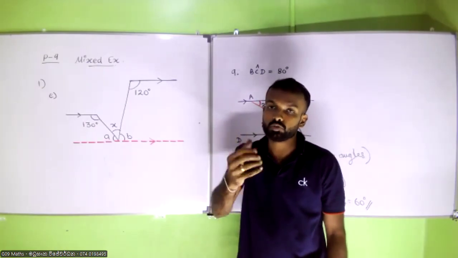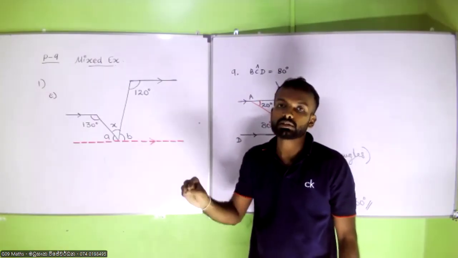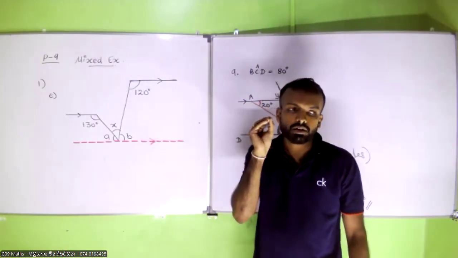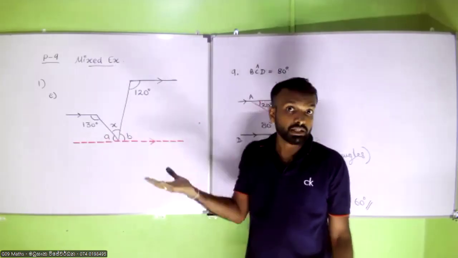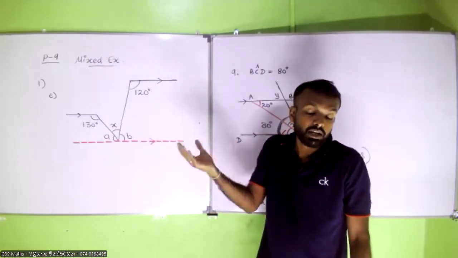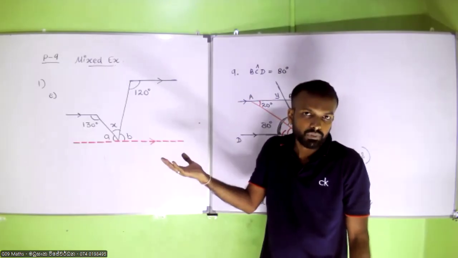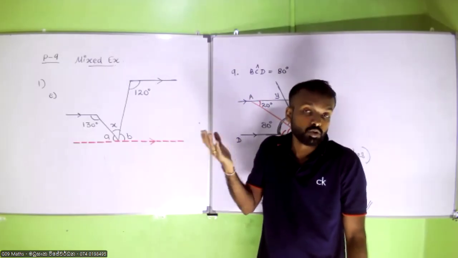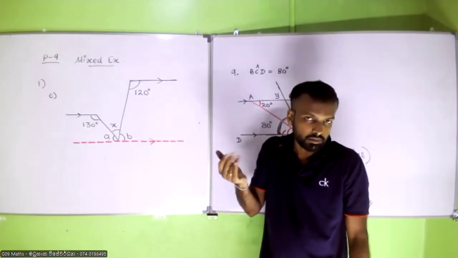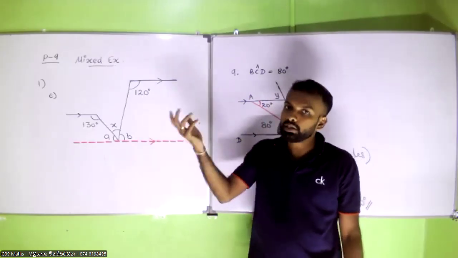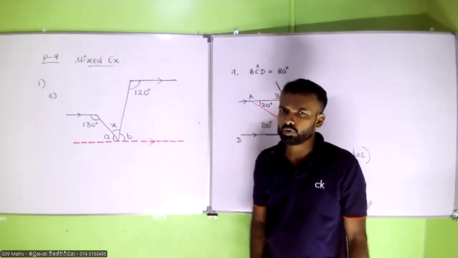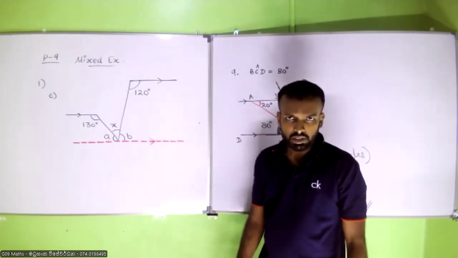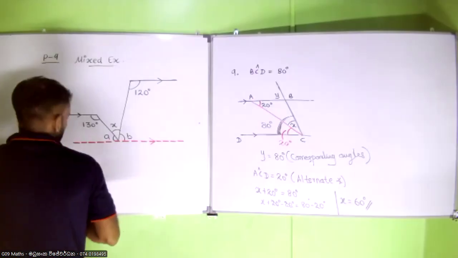This student has labeled all the angles in the figure very clearly, so the teacher has an idea about what you are doing. She will be impressed and will give marks for these things.